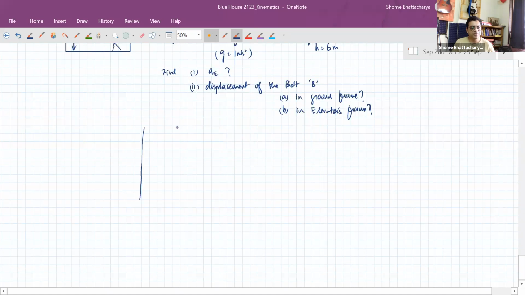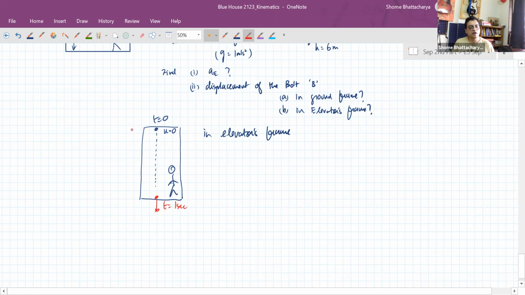Like you can apply Newton's laws like you're saying, non-inertial frame and all that, but even that is not required. What you can do is you can just see that in the elevator's frame, at t equal to 0, the bolt is starting with initial velocity equal to 0 and eventually it is falling onto the ground at time 1 second after having made a displacement of 6 meters.